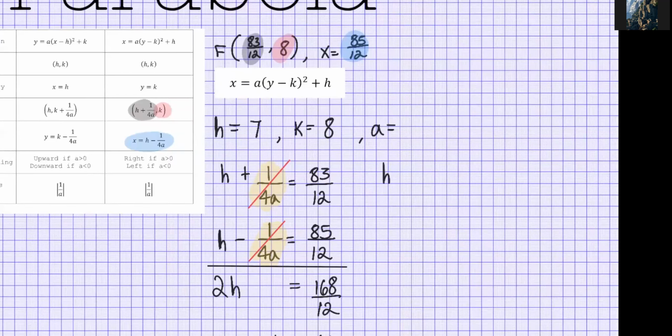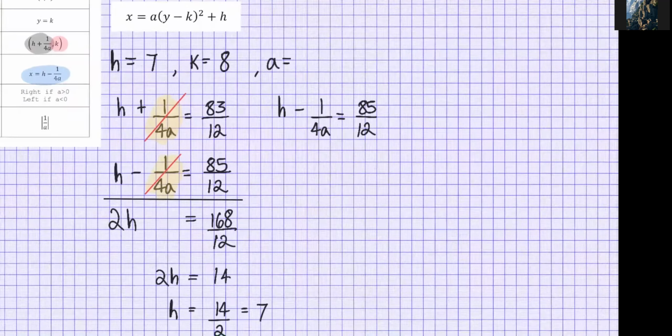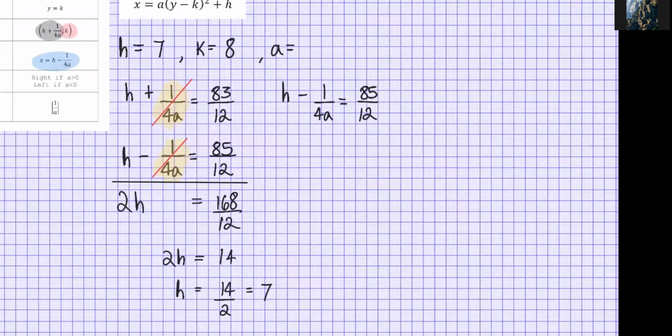So we have that H minus 1 over 4A will equal 85 over 12. So let's bring this number that is subtracting to the other side adding. And let's bring this number here that is adding over here, subtracting.